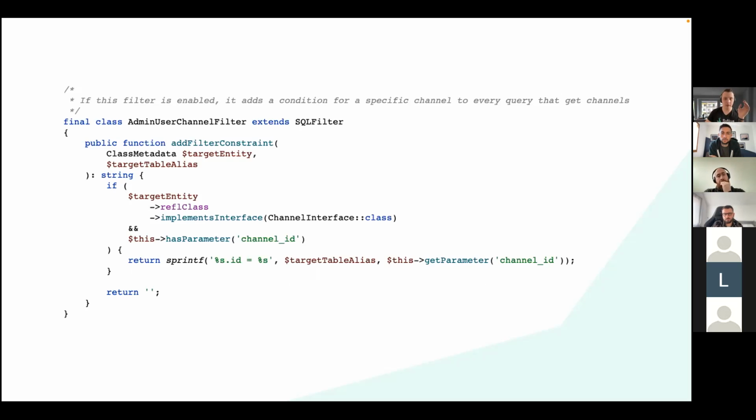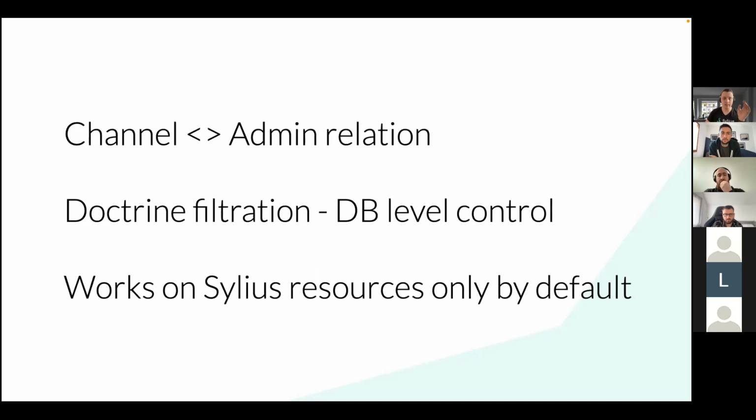So let me bring this slide. On the database level, it's mostly important for collections, and it will also be used for single particular items. But there is also code-level control: if you try to show in the Sylius admin panel some item that has access to the channel, but your admin should not see it, it will also be blocked on the code level.